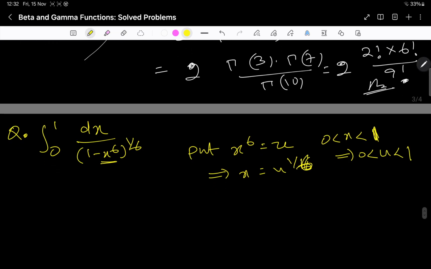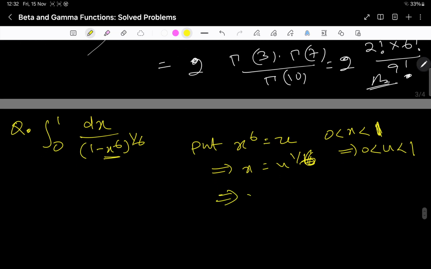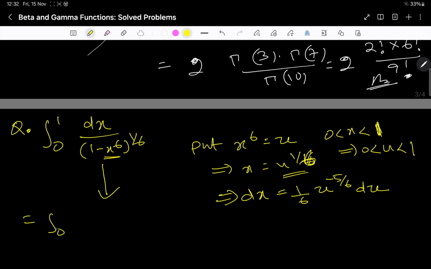Okay, so this integral, now what will be your dx? The derivative of this is 1 by 6 u to the power 1 by 6 minus 1, that is minus 5 by 6, du. So you substitute it here. So this will be your integral 0 to 1 dx. 1 by 6 is taken out.